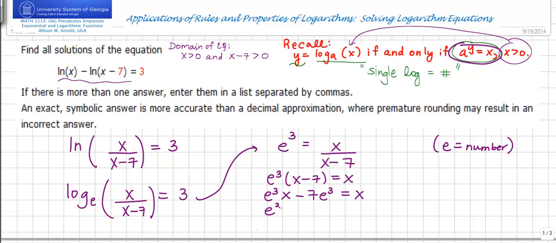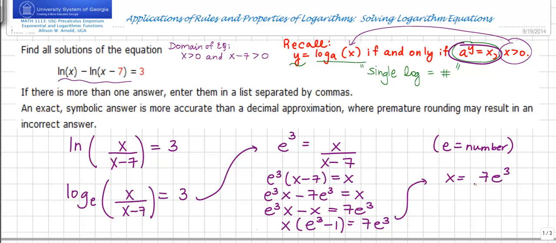But my ultimate goal is to solve for x. I see x in each term is linear. That tells me I can isolate x. And when I do, I see that I can factor out the common x. And then I can solve the equation.